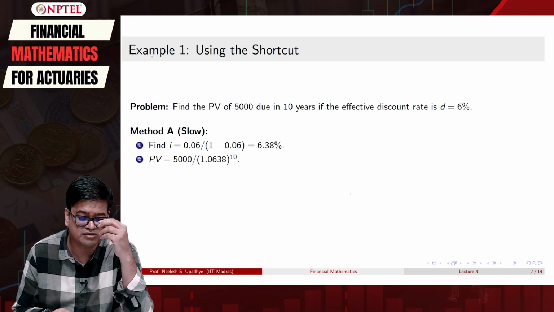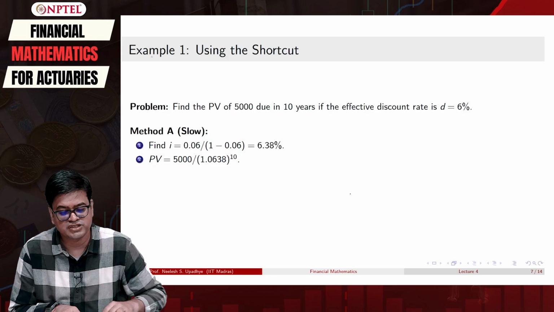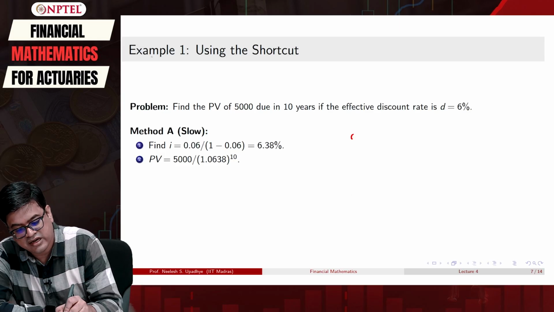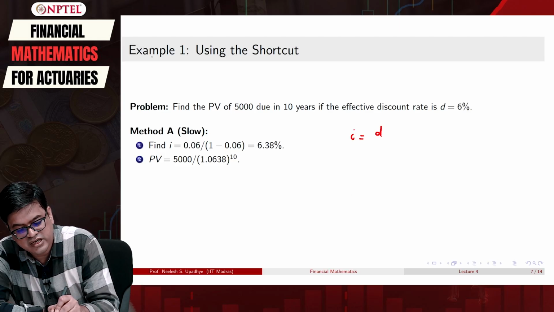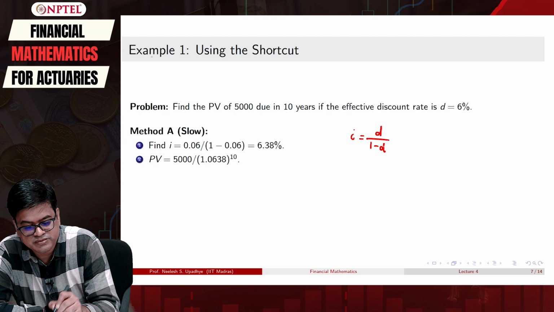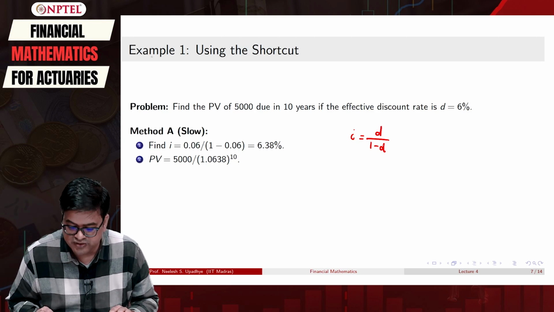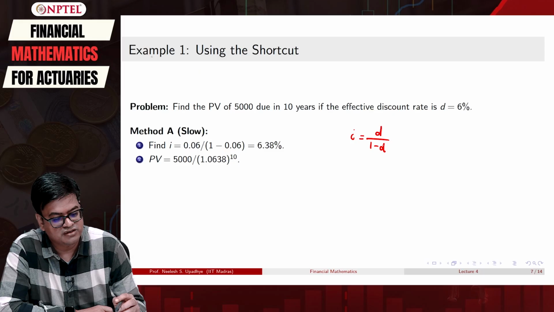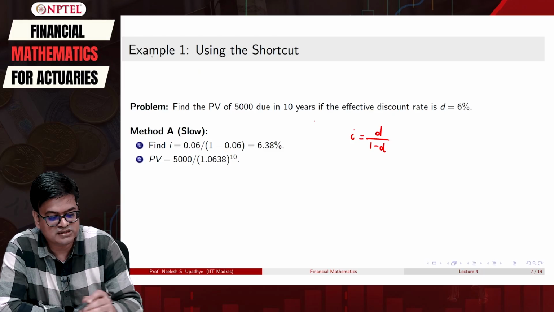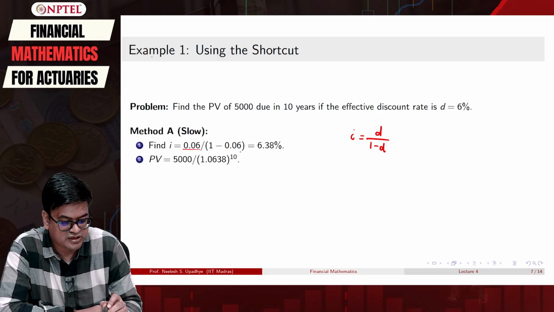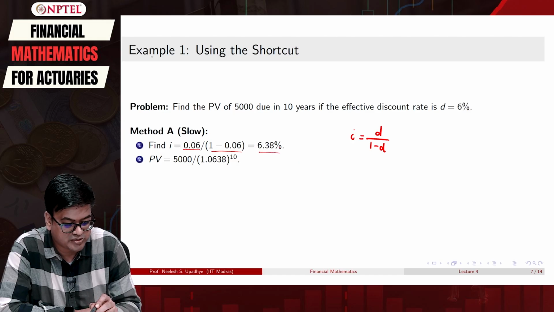I will use the relation between I and D, which is essentially I is equal to D upon 1 minus D, which we derived using two relations. If you use that, you can easily see that this D of 6% is used here, and then 1 minus D is used here, and you get the final interest rate of 6.3%.